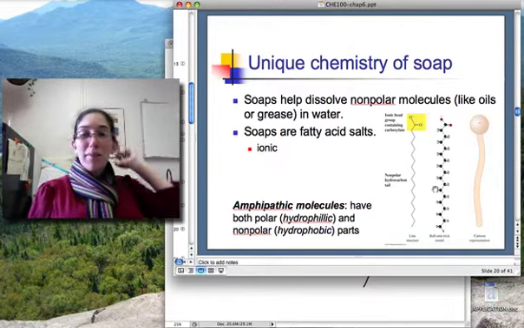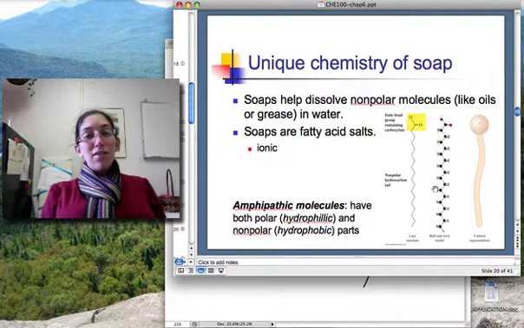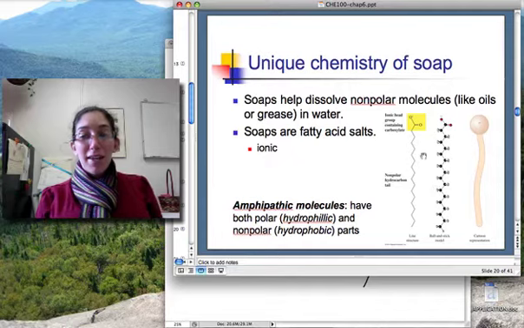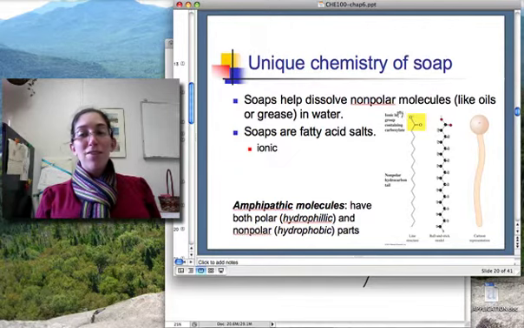We talked a little bit about fatty acid structure being what we called amphipathic. It has a hydrophilic head group. In a fatty acid, this would be a carboxylic acid group. In the soap, it's a carboxylate.